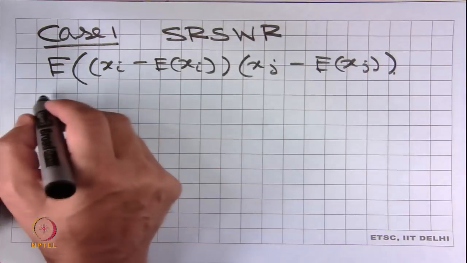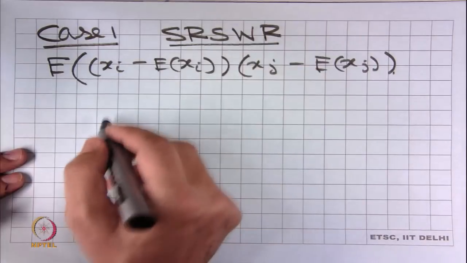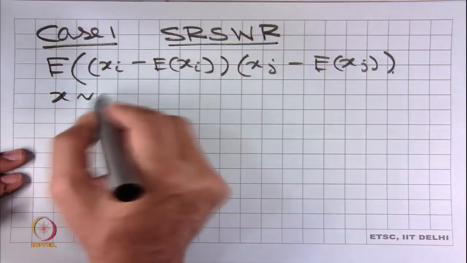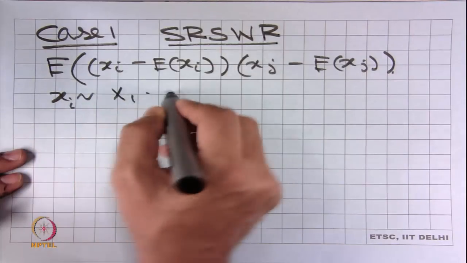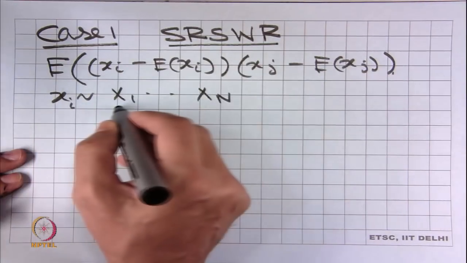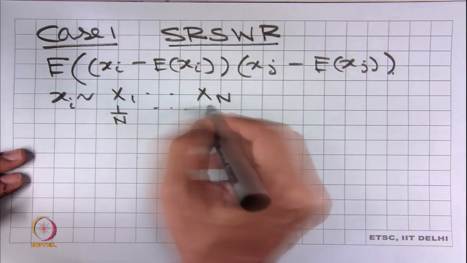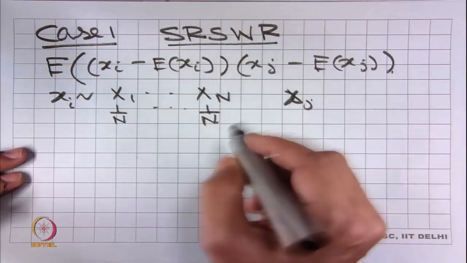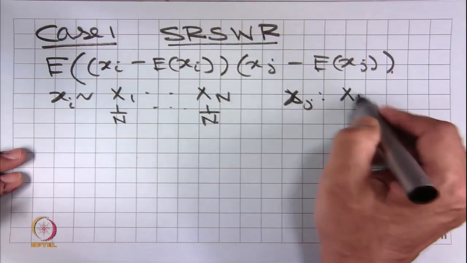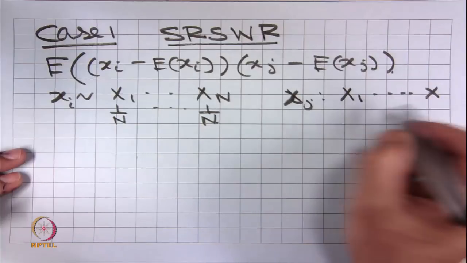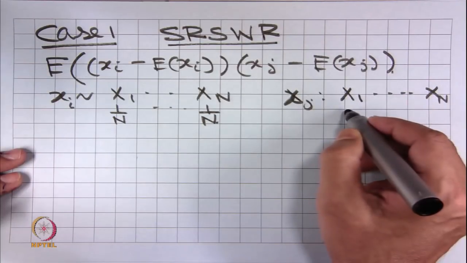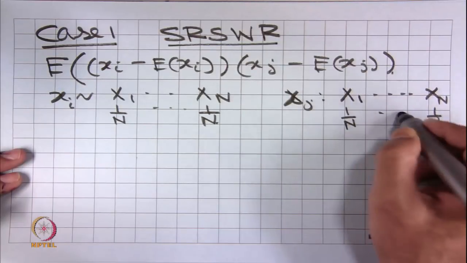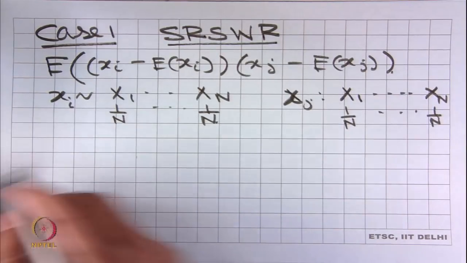If it is SRSWR, then xi can take x1, x2, up to xn, each with probability 1 by n. Similarly, xj also can take x1, x2, up to xn, each with probability 1 by n.